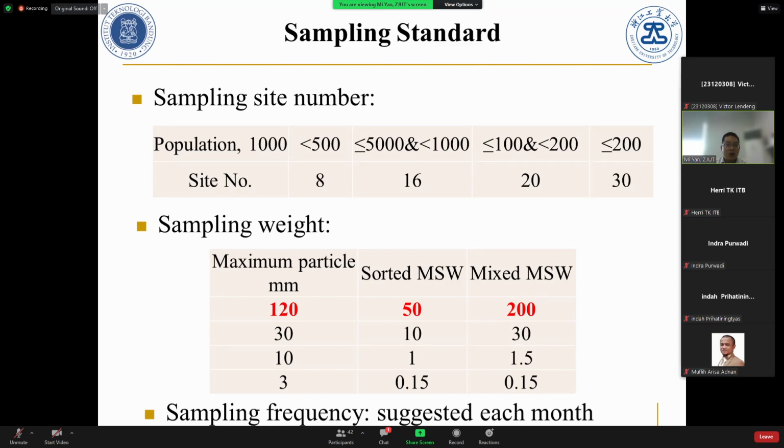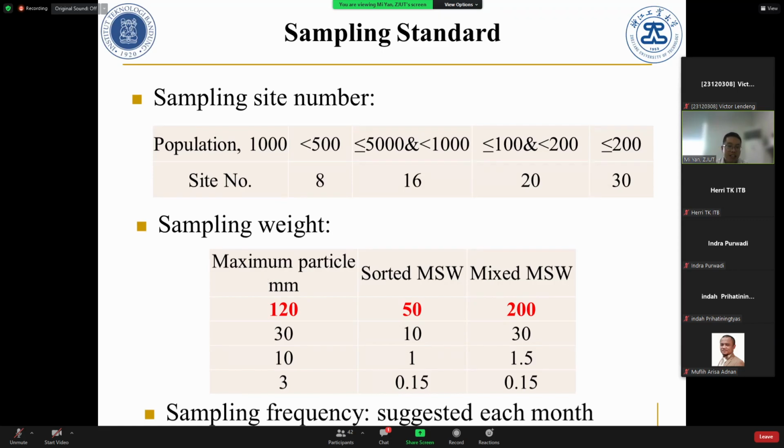The standard already sets the number of sampling places for one city, depending on the population: such as 1 place, 2 places, or 8 places. For a small city of 500,000 population, we should set 8 sampling places, and the sampling weight depends on what kind of waste.